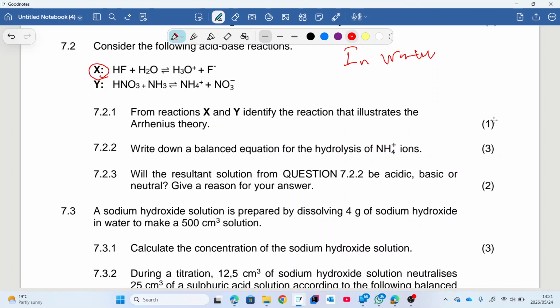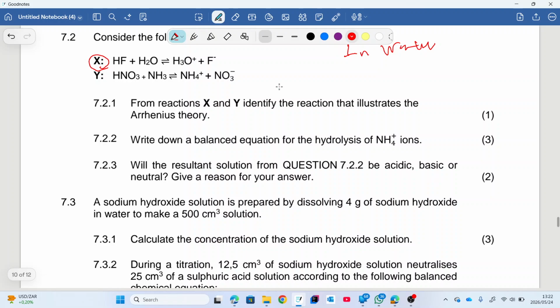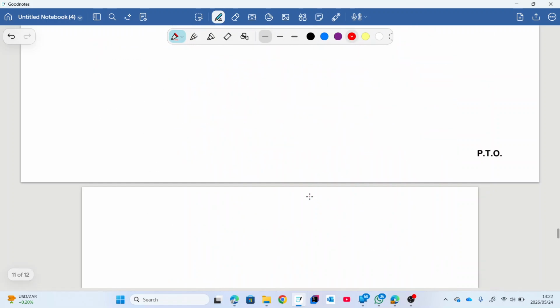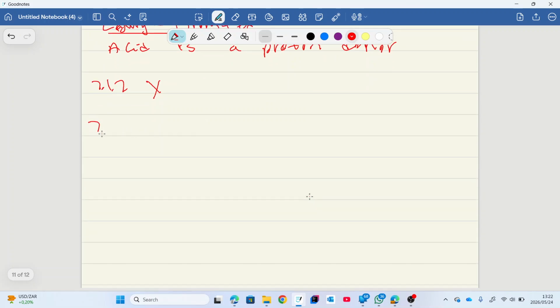7.2.2, write down a balanced equation for the hydrolysis of NH4 plus ions. Okay. So the hydrolysis, it is more like a reaction with water, right? So now we need to take the NH4 plus ion. So hydrolysis, it is a reaction with water. So NH4 plus a water molecule.